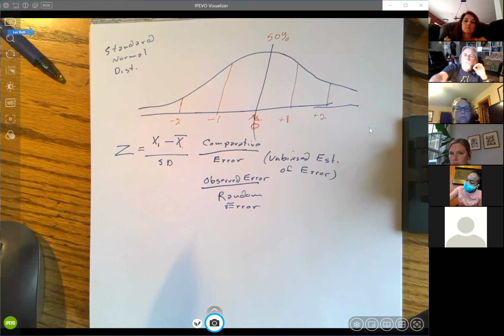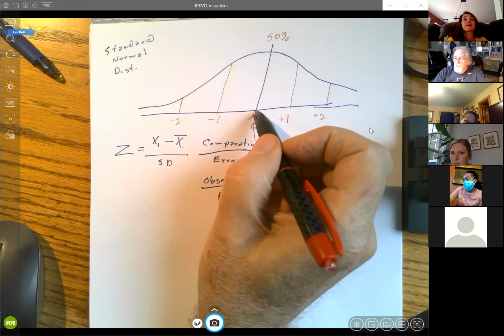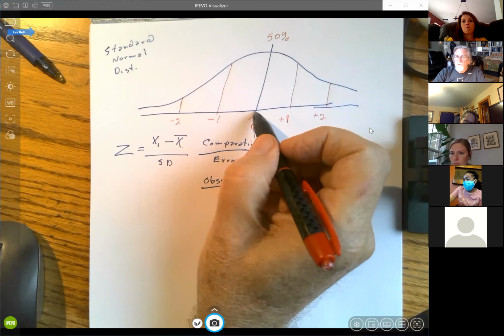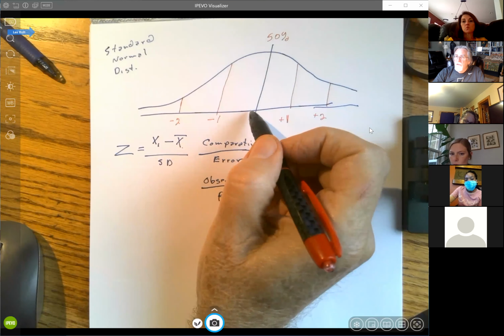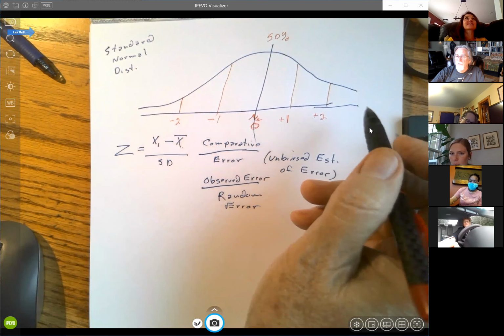And so at the 50th percentile, exactly 50% of the surface lies below there and 50% lies above there.